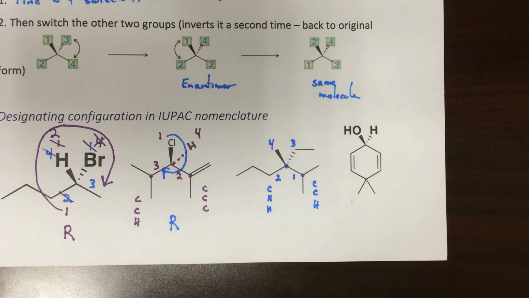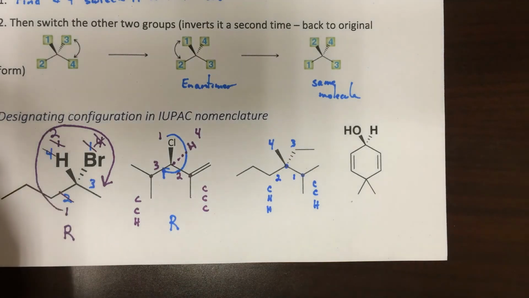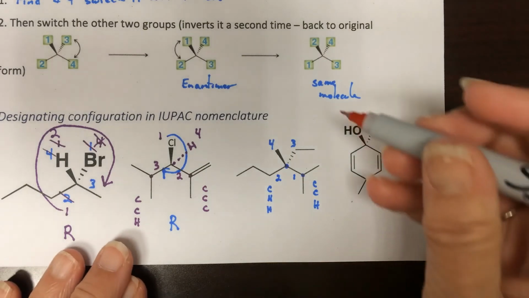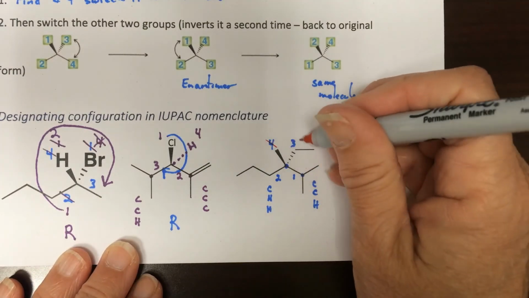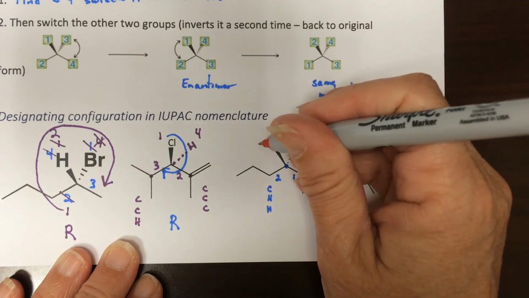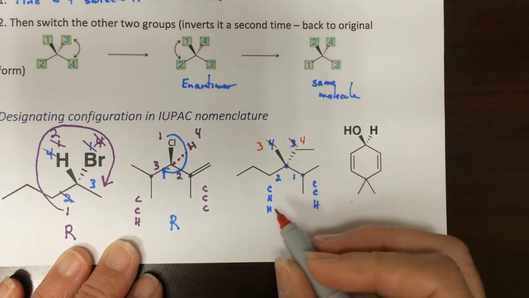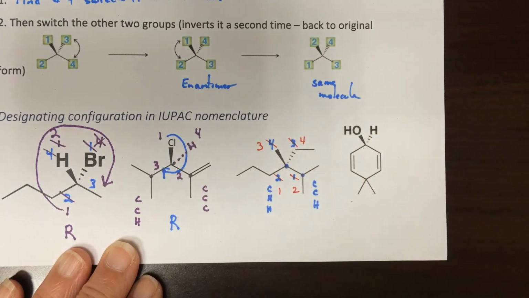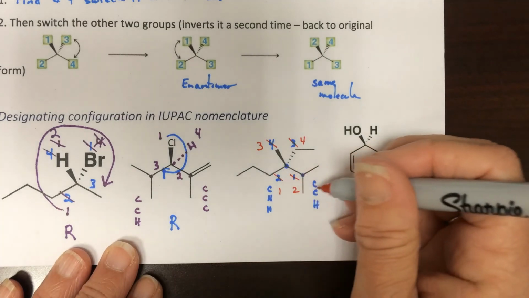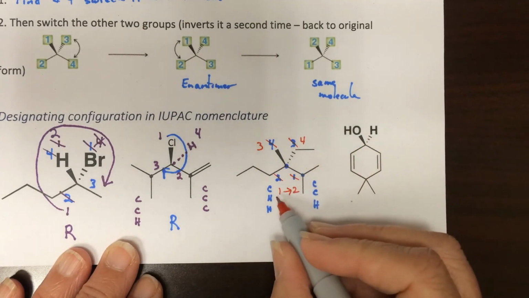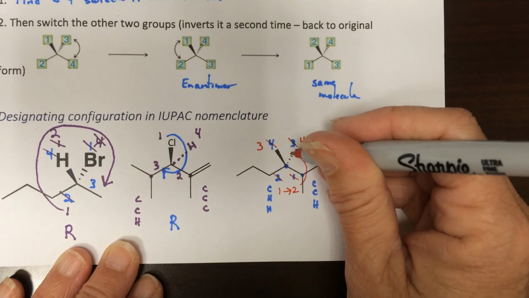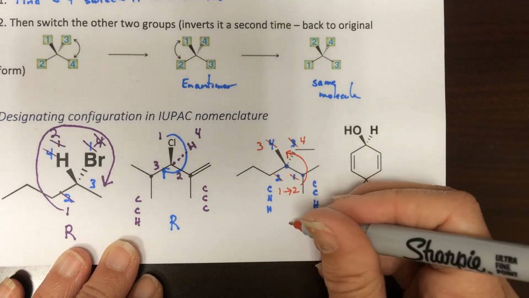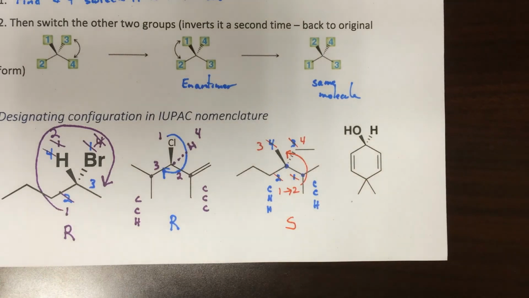Looks like we're going to have to do some switching here because we've got the 4 coming toward us, and we're going to switch the 4 and the 3, and then why don't we switch the 1 and the 2. Okay, so if we connect the things, go 1 to 2 to 3, we're going counterclockwise. That's the S position.